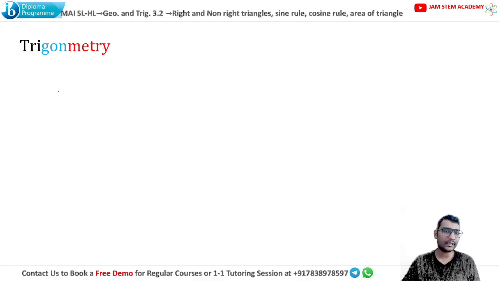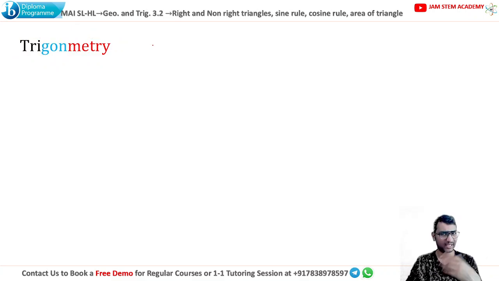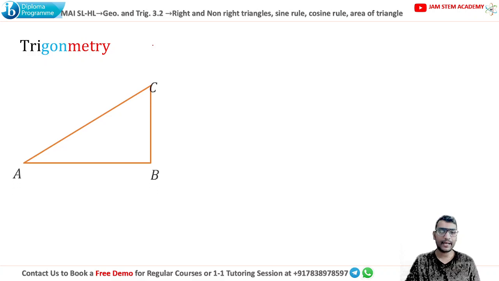So trigonometry is made up of tri, which means three, gon means the sides, and metry is the measurement. So basically we are learning about the three sides and their measurement and angles as well. So consider a right angle triangle ABC, where angle B is the 90-degree angle.